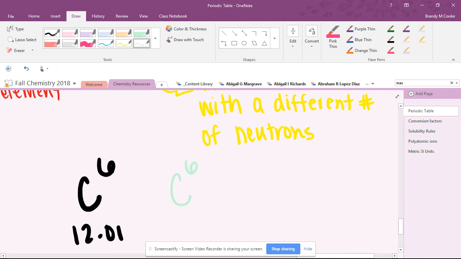So carbon-13 means that it had 1 extra neutron. Therefore, its mass number, instead of being 12, would be 13. So 13 minus 6, so that's the mass number minus the atomic number is going to give me the number of neutrons, which in this case would be 7.